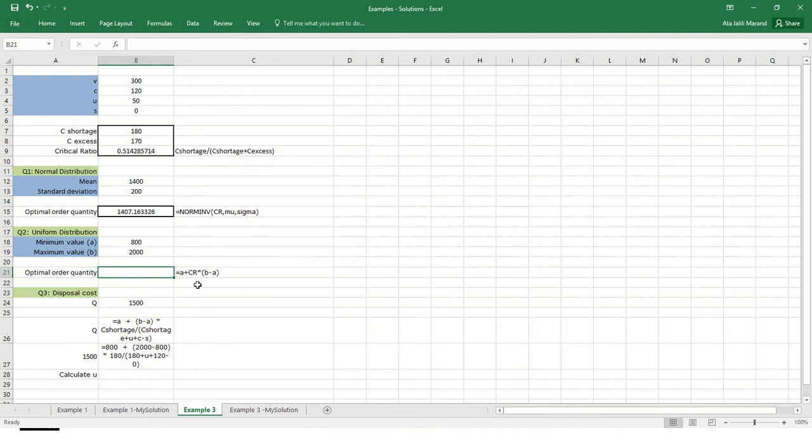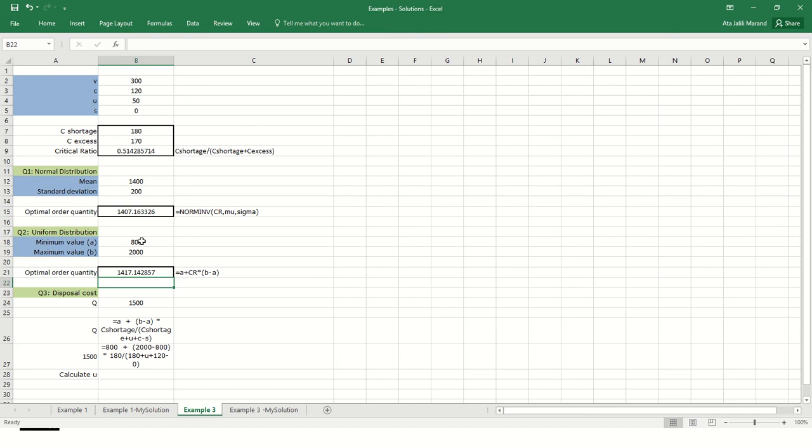It is A plus critical ratio multiplied by B minus A, and it gives me the optimal order quantity, 1418.